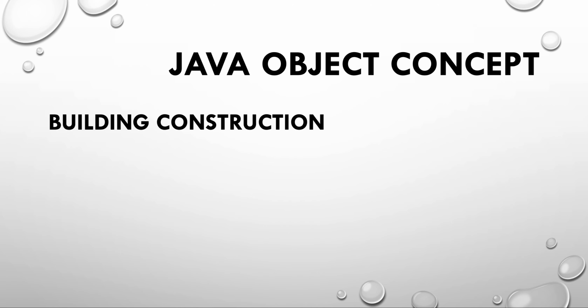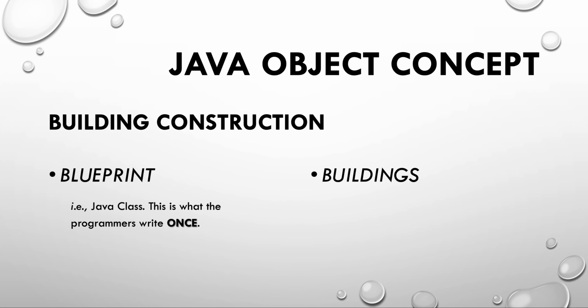Now, if we are going to connect this to Java, what does the blueprint represent? What does the building represent? The blueprint represents the class itself. This is the Java class that the programmer writes one time.